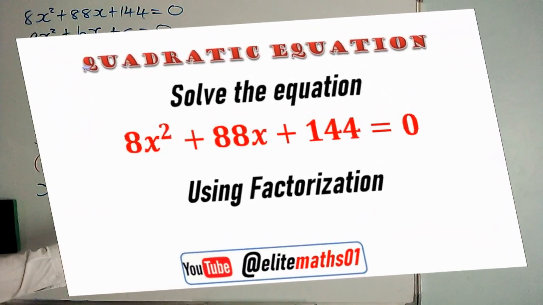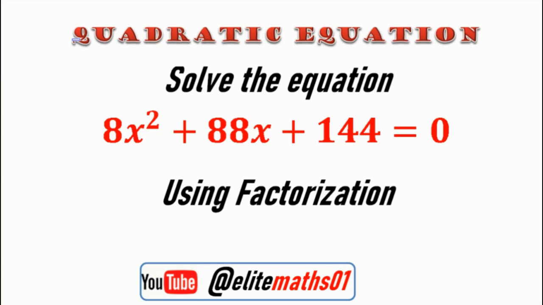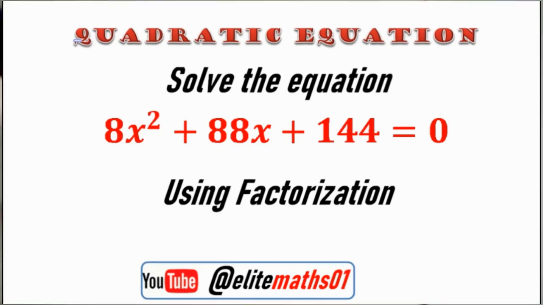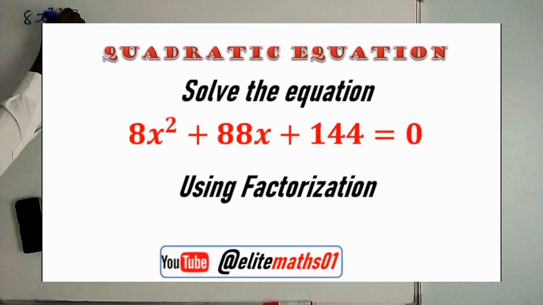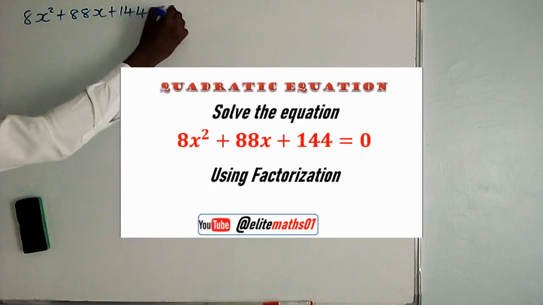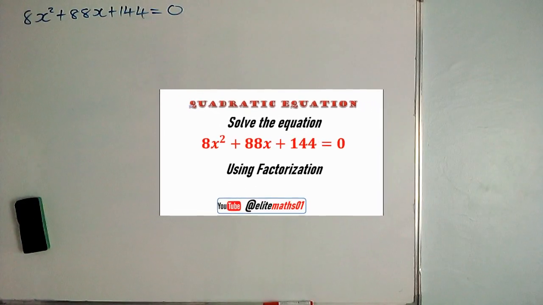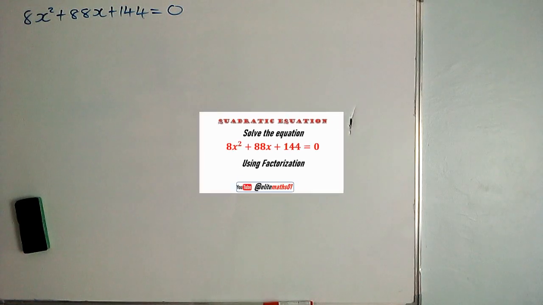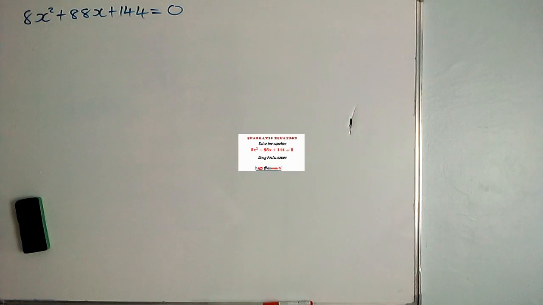Solve the equation 8x squared plus 88x plus 144 is equal to 0 using factorization. So you've been told to solve 8x squared plus 88x plus 144 is equal to 0.